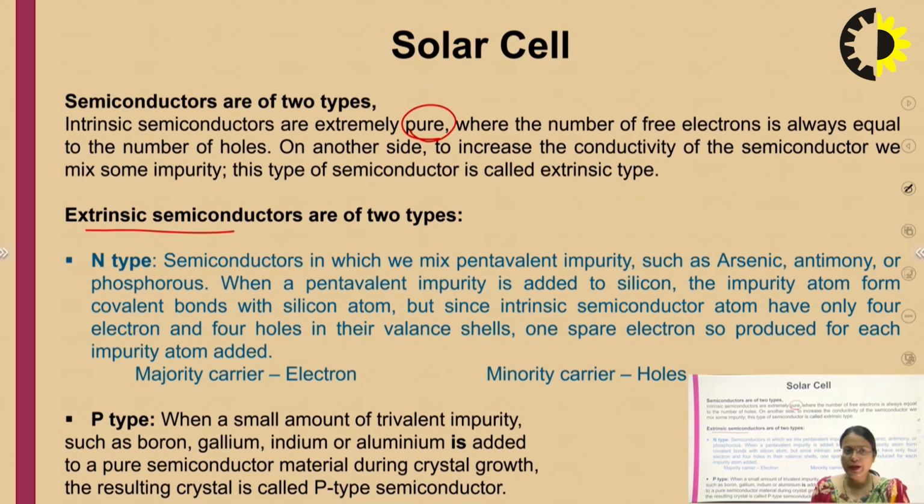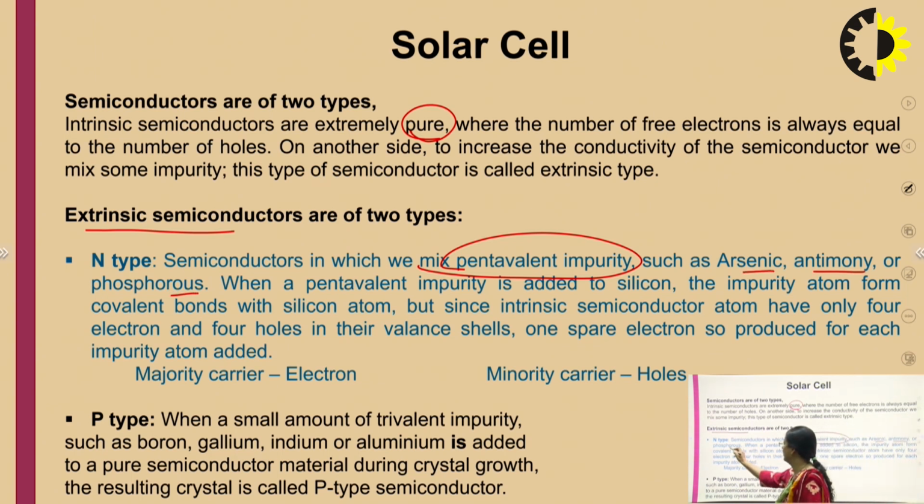So in case of N type extrinsic semiconductor, we add a pentavalent impurity, such as arsenic, antimony, or phosphorus, right? When this pentavalent impurity is added to the silicon, the impurity atom will form covalent bonds with the silicon atoms, right?